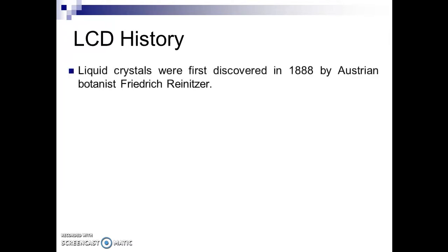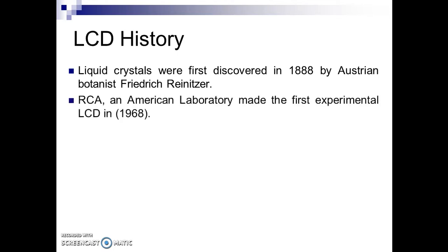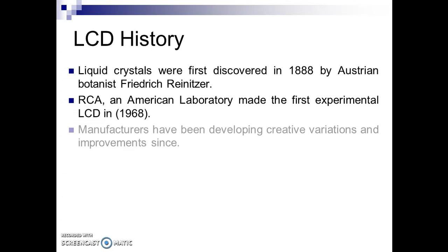So before we go any further, let's talk a little bit about the history of the LCD. So again, we're starting our history in the 19th century. Liquid crystals were discovered by a botanist, actually. And then they largely sat on the shelf until RCA made the first experimental liquid crystal display in 1968.